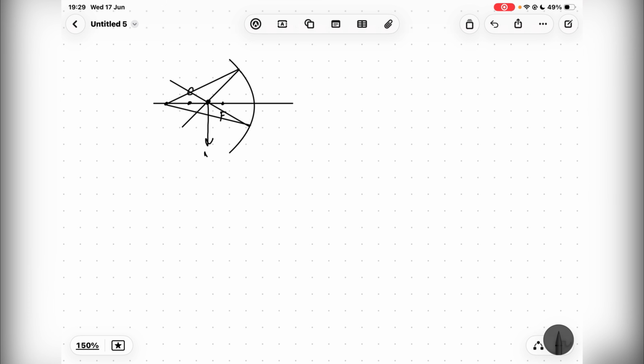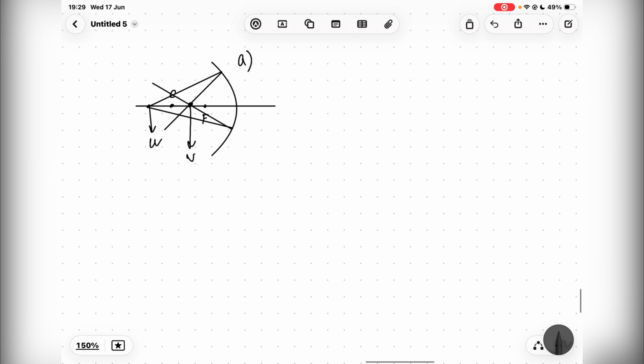So this is V, this is U. Let's say A. Again, let's take a concave mirror, focus, center of curvature, and this time our object here.